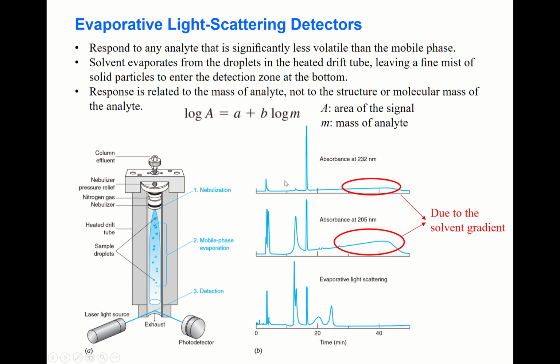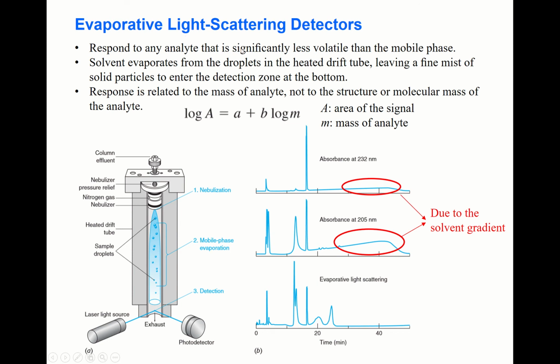Another detector is the evaporative light scattering detector. It definitely has certain advantages. This detector is based on light scattering. Light has the properties of a wave and a particle.